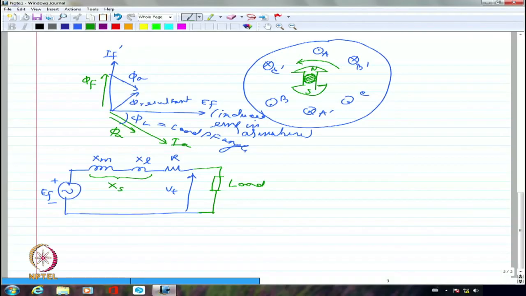The leakage of an induction motor normally will be only 10 to 15% or even less. In fact, it will be 7 to 8% very often. I'm talking about per unit values. Whereas in the case of a transformer, it is only 3 to 4%.